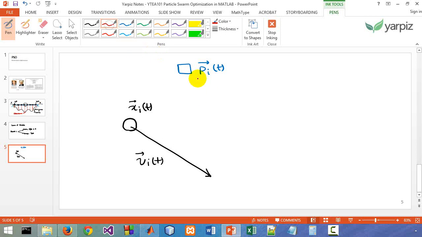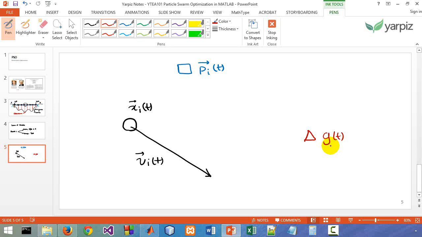In addition to this personal best, we have a common best experience among the members of the swarm, denoted by g^t. Note that this does not have an index of i because it belongs to the whole swarm, and it is not a particle-specific experience.